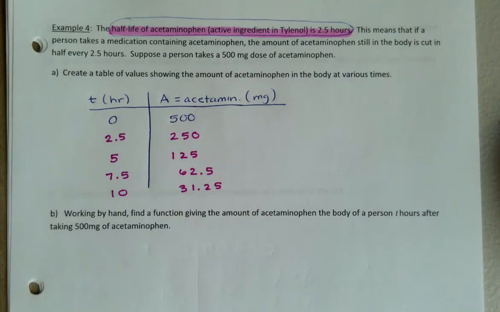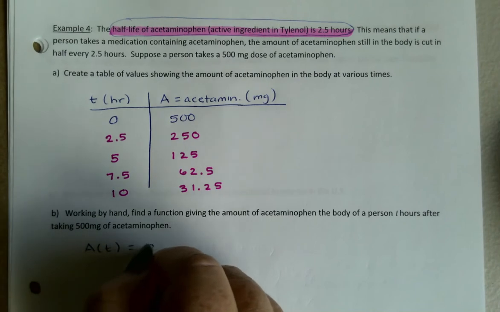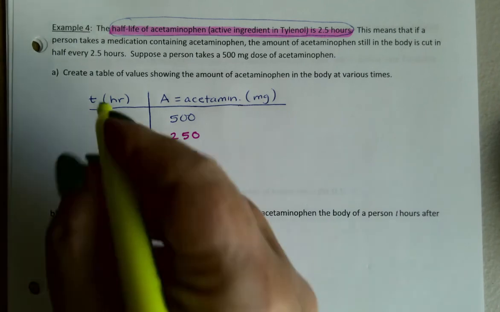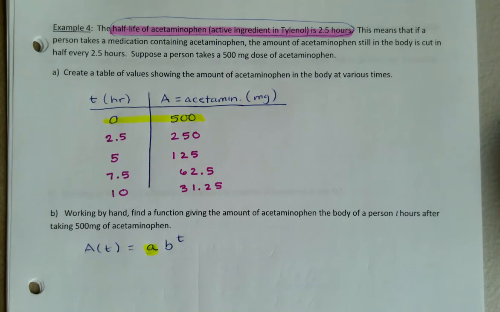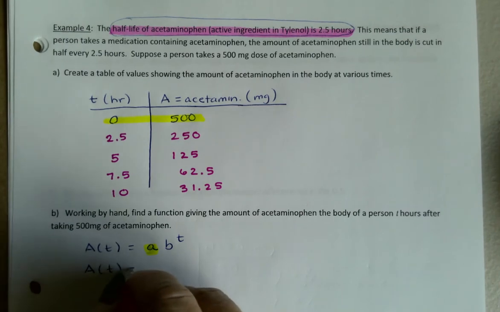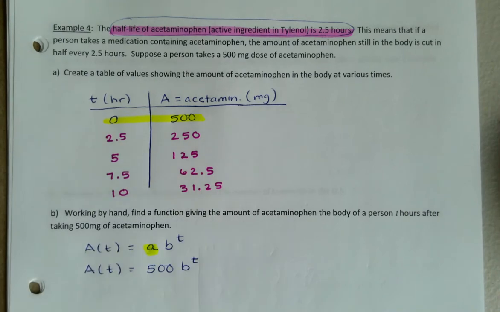So let's do that. We know A of t is going to look like A B to the t. And as a matter of fact, we already know the A value because we know the y-intercept is 500. So right away I can say A of t is 500 B to the t.